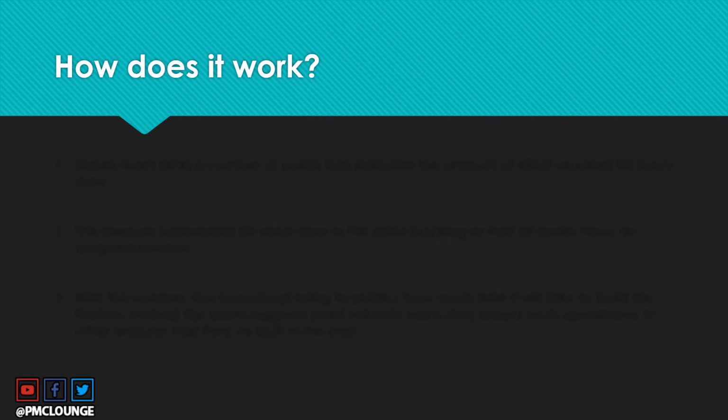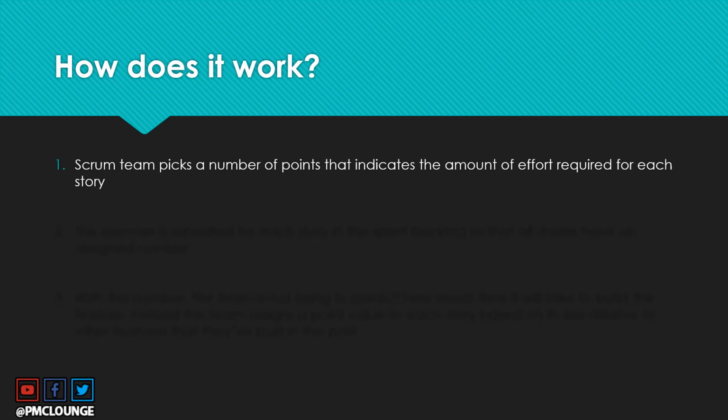So how does this all work? We'll try to understand this with the help of three steps. Step one is picking a number of points that indicates the amount of effort required for each story. So you pick a number of points that represents the amount of effort required for a certain user story.